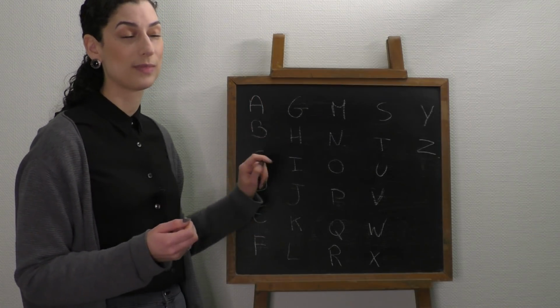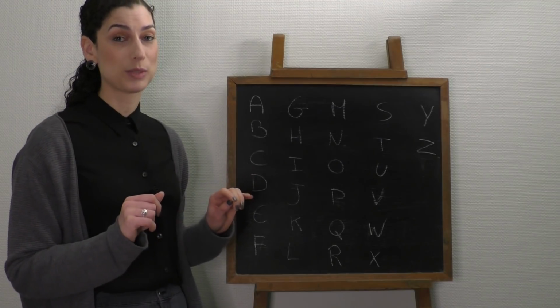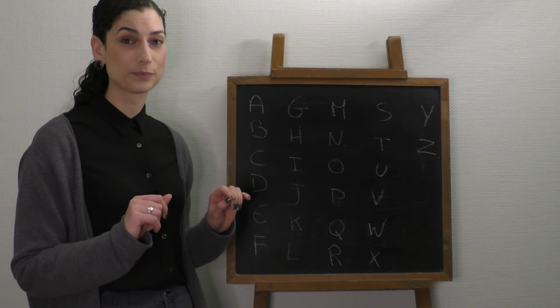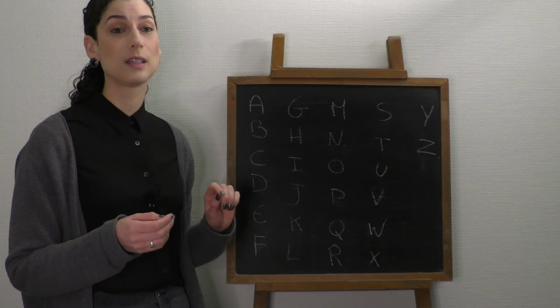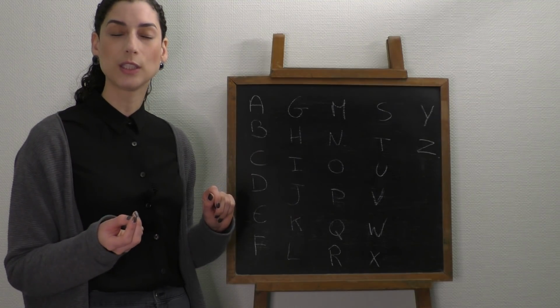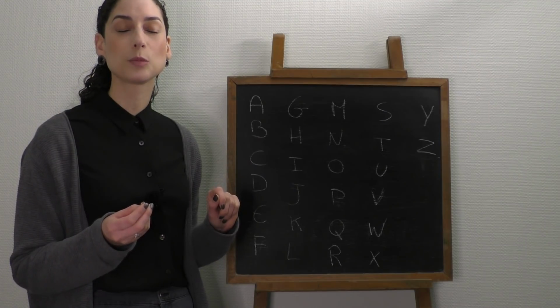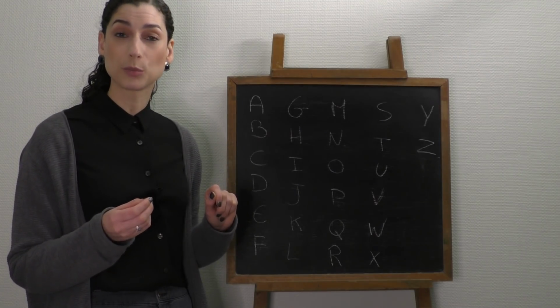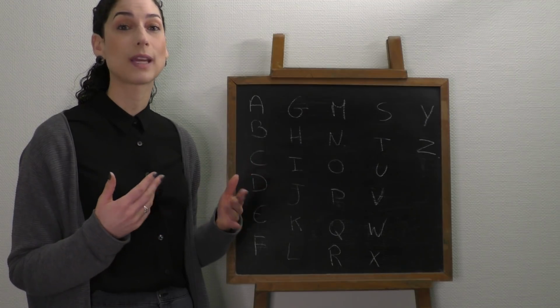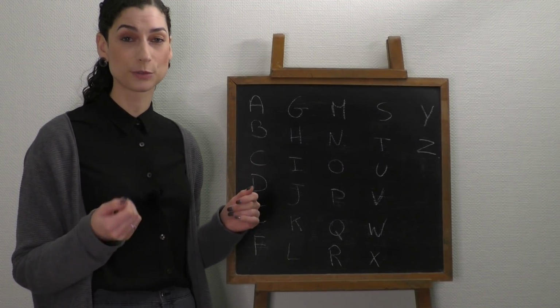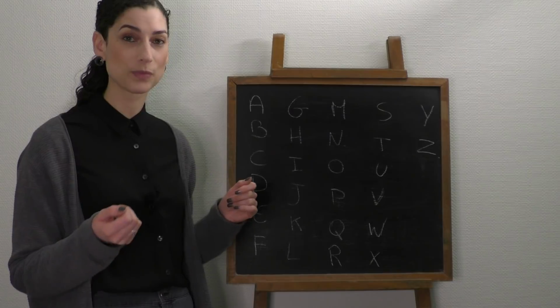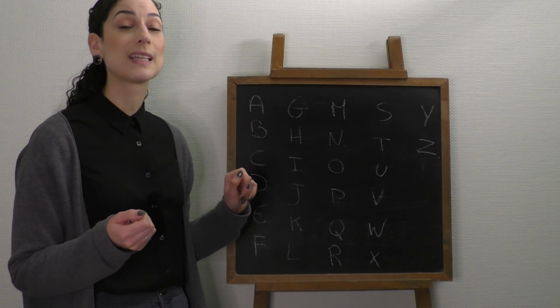He. That's a little bit of a trickier one because the sound is not really used in English. So that's one that beginners can trip over. So try to practice that one a lot from the beginning, okay? So that was he.